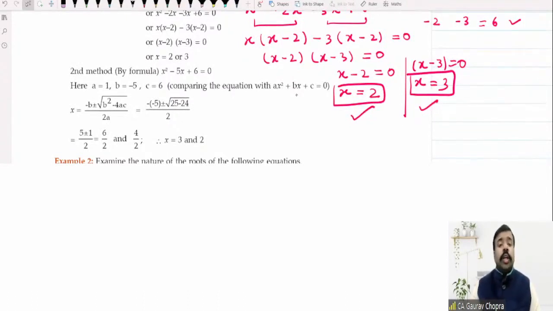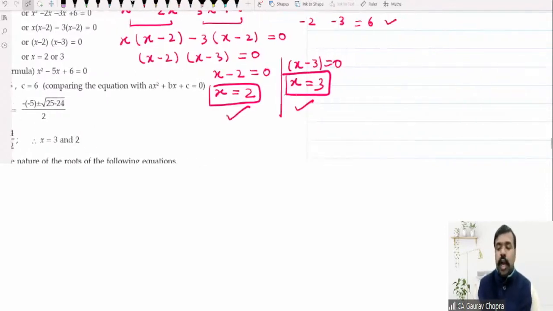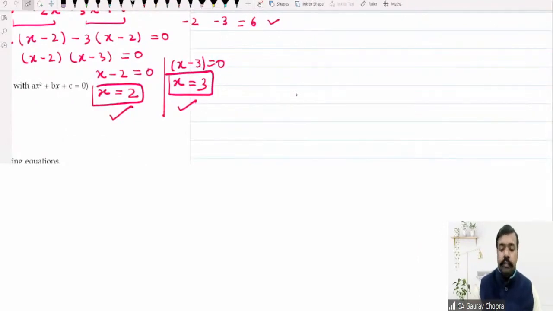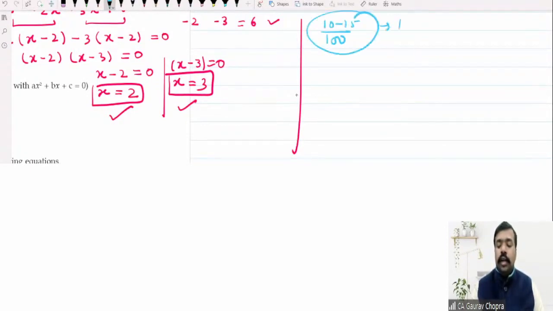So when we are talking about the paper number 3, mostly the theory questions are coming from the statistics portion. Usually mathematics does not have that theoretical part, but statistics is always having that theoretical part. So out of 100, on an average, normally 10 to 15 questions are of theoretical nature.